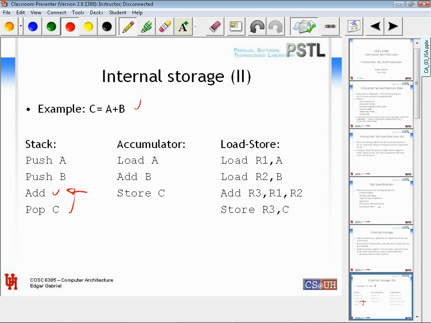It is implicitly assumed that you are adding up the top two elements of your stack. In the accumulator architecture, you load an element into your accumulator, you add a particular value to the element in the accumulator, and you store the element from the accumulator. So one element is implicitly given, and the second one is an explicit argument, as you can see here in the add operation.